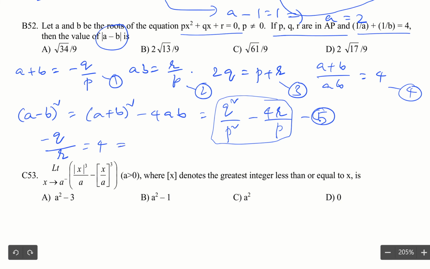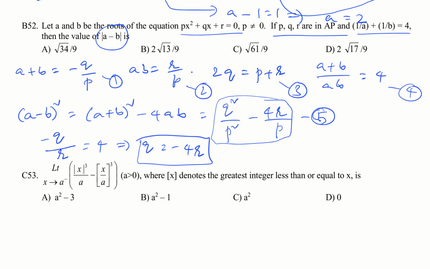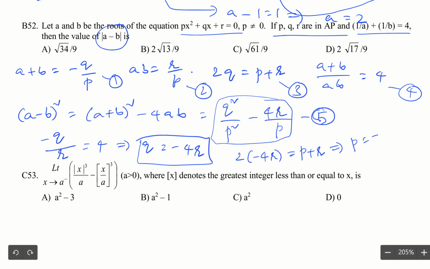So from that I'll have q = -4r. Okay. And now I use this in 3. Then if I substitute this in 3, I'll get 2 into -4r = p + r. So I get p as -9r.